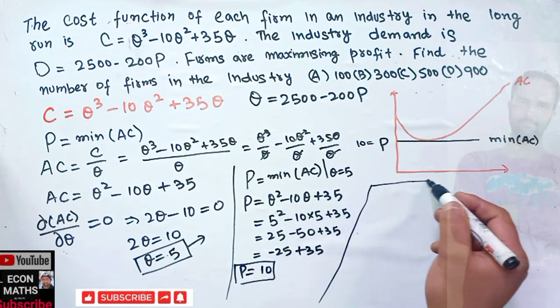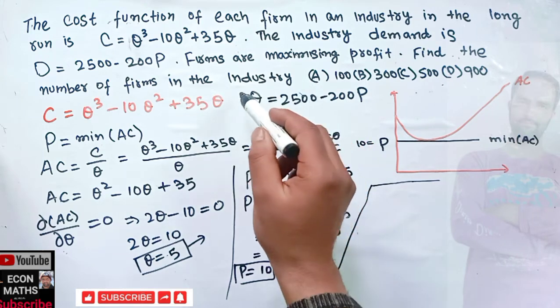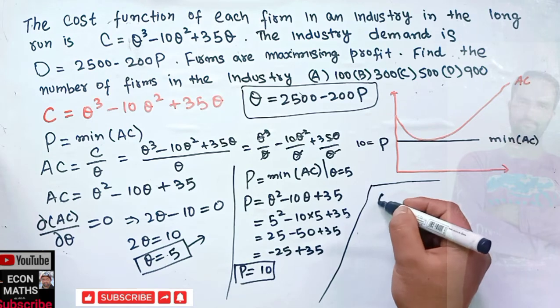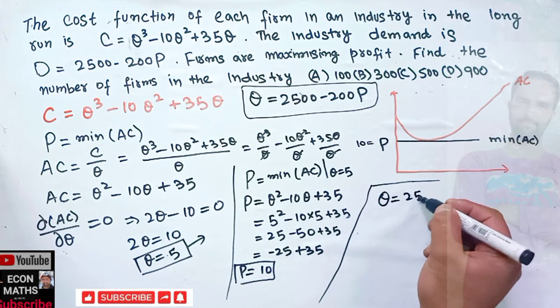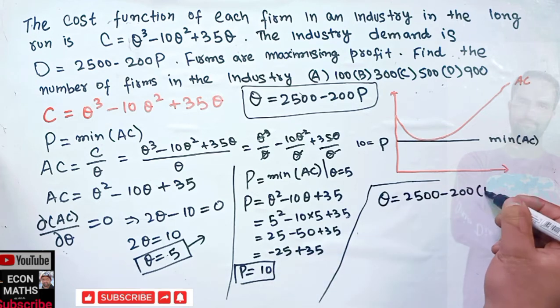Now when price is equal to 10, what is the total market output? Just plug the value of price into the demand function to get the total market output. Total market output will be equal to 2500 - 200 times the value of P, which is 10 here.